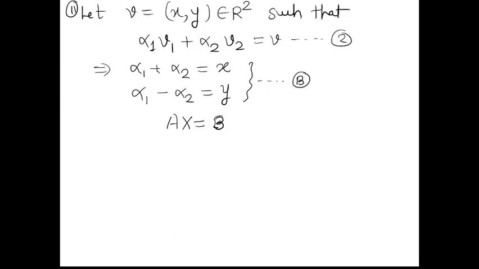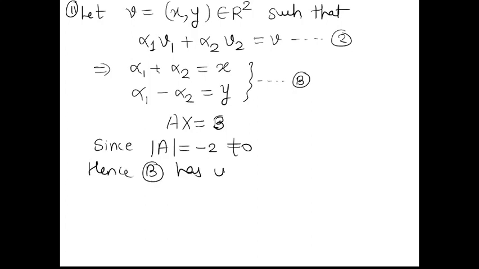It says that alpha 1, alpha 2 exist. Since we have already seen in the previous part that the determinant of A is minus 2, which is not equal to 0, the equation B has a unique solution.